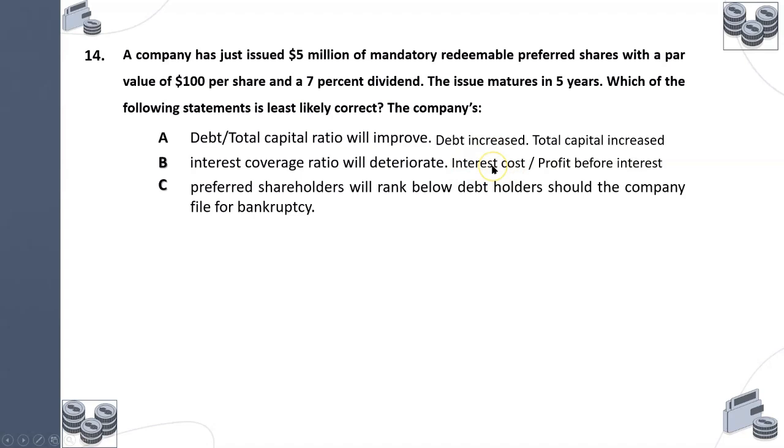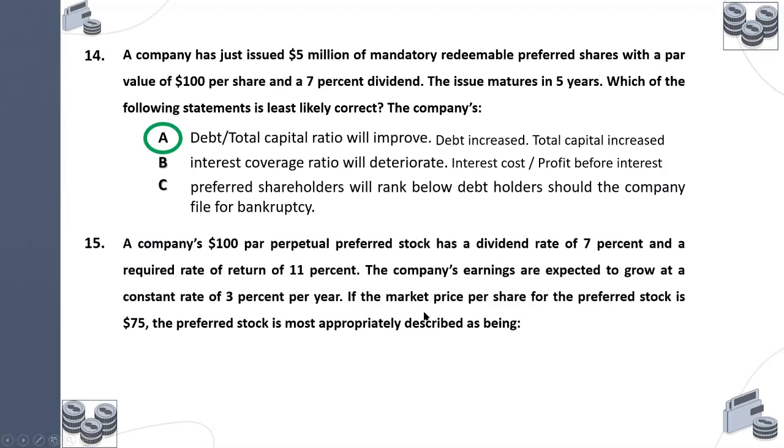So interest will increase and it will deteriorate the coverage ratio. Preferred shareholders always rank lower by law, not by accounting standard. Although here, as per the standard, we treat it as debt, in law it is still equity and debt holders will come first. So C is right and B is right. So A is the least correct, the wrong statement, which is the required answer.